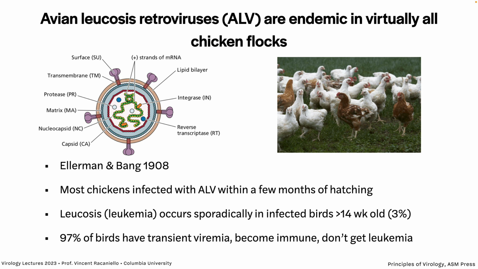The virus that Rous worked with is derived from a chicken retrovirus called avian leukosis retroviruses, or ALVs. These are in all chicken flocks in the world. Every chicken pretty much is infected with this virus. It was discovered in 1908, the year before Rous discovered RSV, to cause leukemia in chickens.